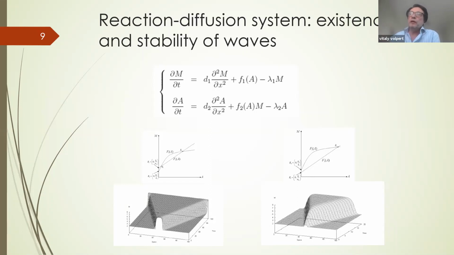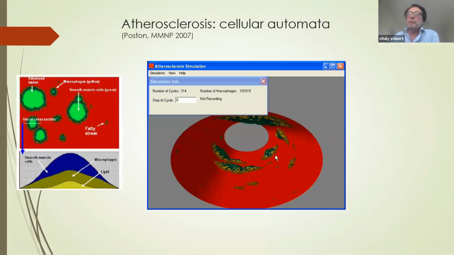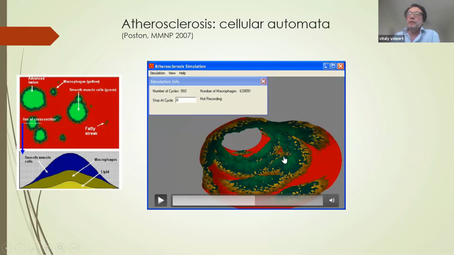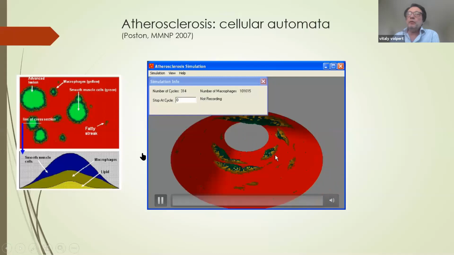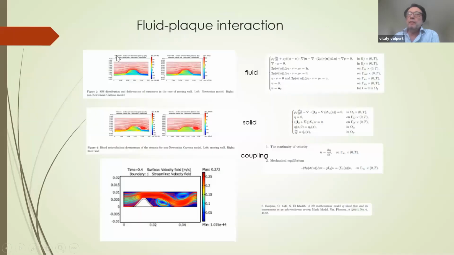But there are more advanced, more sophisticated models, and what I showed you here is another type of modeling where the geometry is also taken into account. We see how it changes in time. For example, here you see the channel becomes more narrow. My last slide was also related to that.